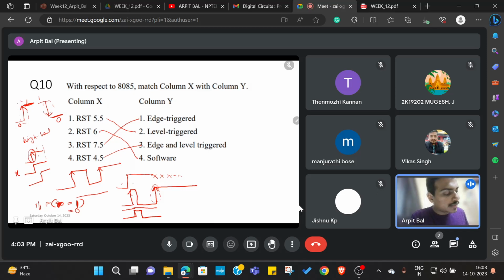But if something is sensitive to levels, it means that the moment it goes to 0, it stops being active. Okay, so that is what edge triggered and level triggered means. And there are a few that are both edge as well as level triggered. RST 4.5 was one of them, and you need to remember these things.